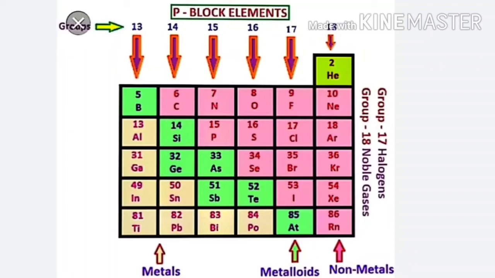Now halides of metals. Halogens generally form ionic halides with monovalent or bivalent metals, like NaCl. Halides of alkali metals are water soluble except lithium fluoride, that is LiF. Now oxides of halogens.